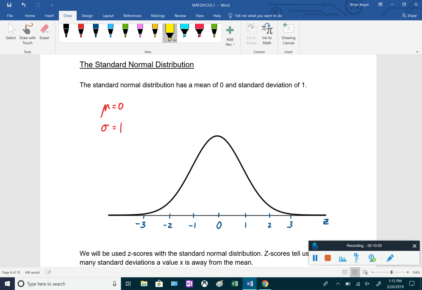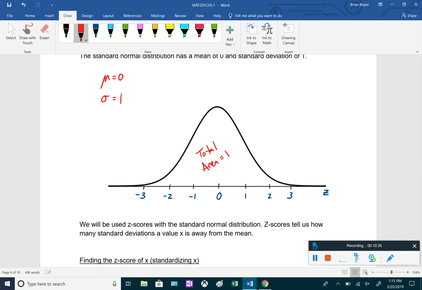So we stop right there. We can see that we have most of the area, which is most of the data, within 3 standard deviations from the mean. So just like before, we have a total area of 1 underneath this curve.